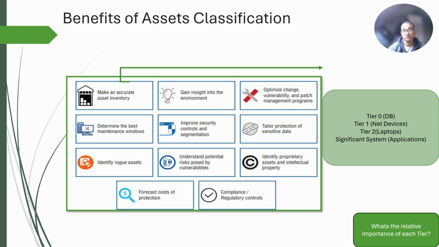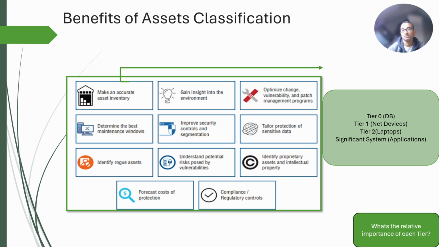Well, it helps you to achieve, for example, an accurate asset inventory so you don't over- and under-spend, gain insight into your working environment, and optimize the capability to change, patch, and apply proper vulnerability management concepts, and there are many, many more.